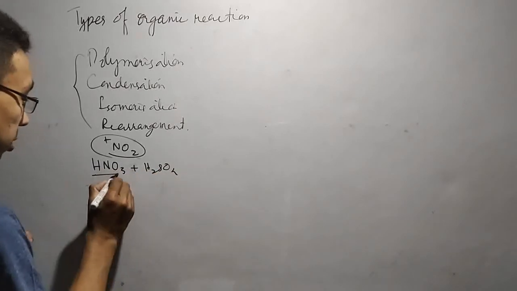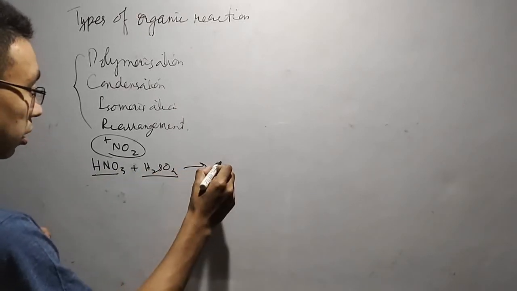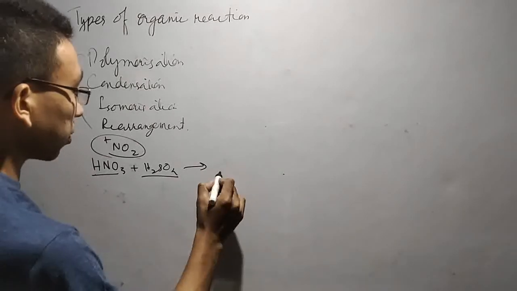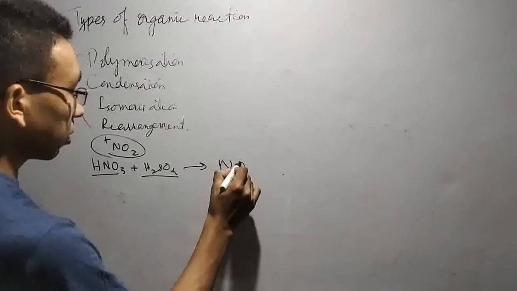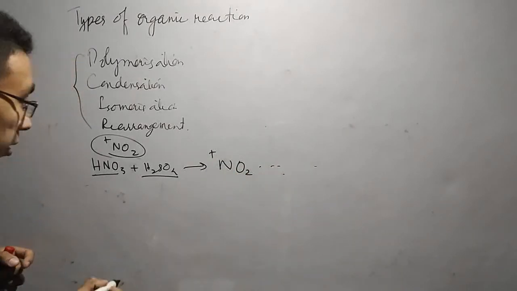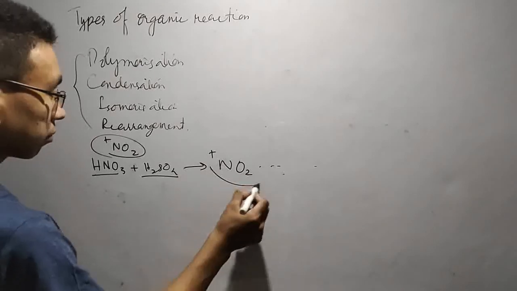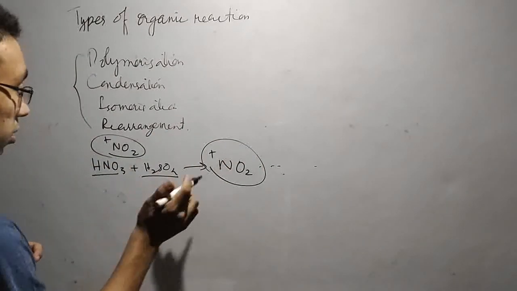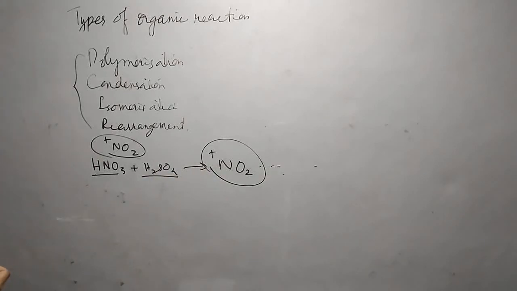If you add these two, there will be other byproducts also, but one of them we will get is NO2 plus. Now you find out by mechanism, show the mechanism how we got NO2 plus.